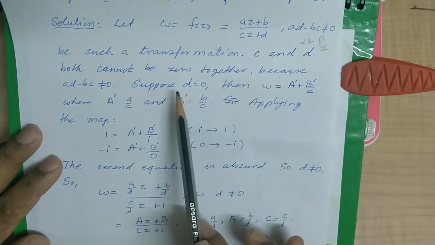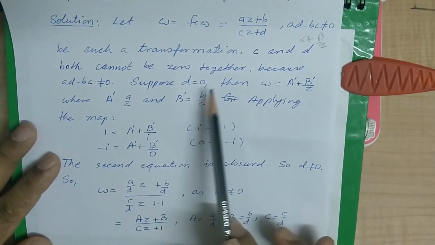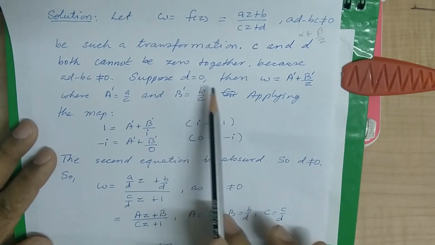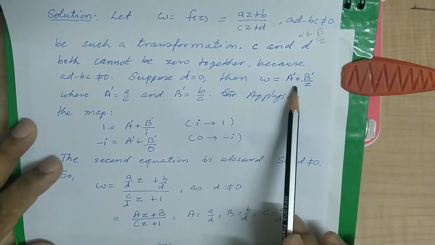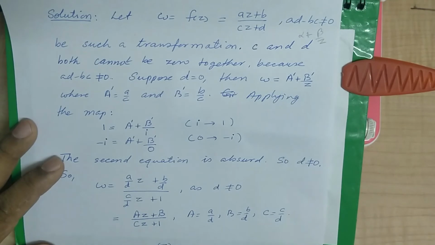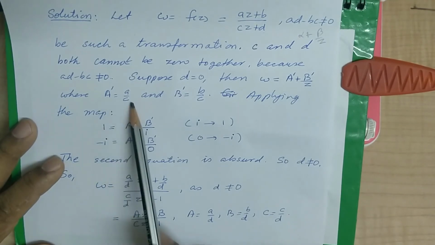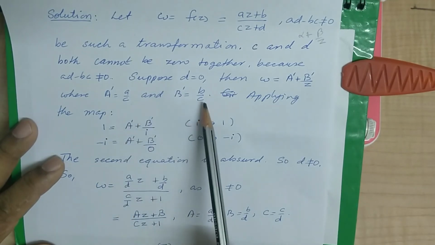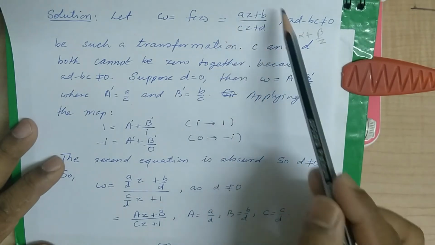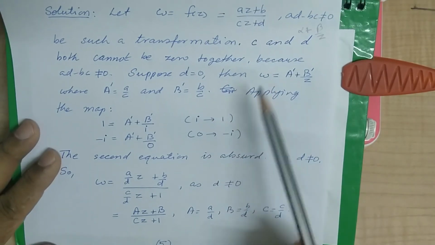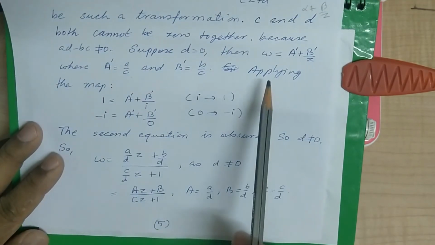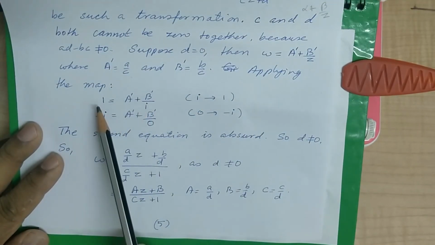So what I'm doing here is looking at the case when d is equal to 0. Then w is equal to a dash plus b dash by z, where obviously a dash will be a upon c and b dash will be b upon c. So that comes from here. That's very easy. So what we do is we apply the map.